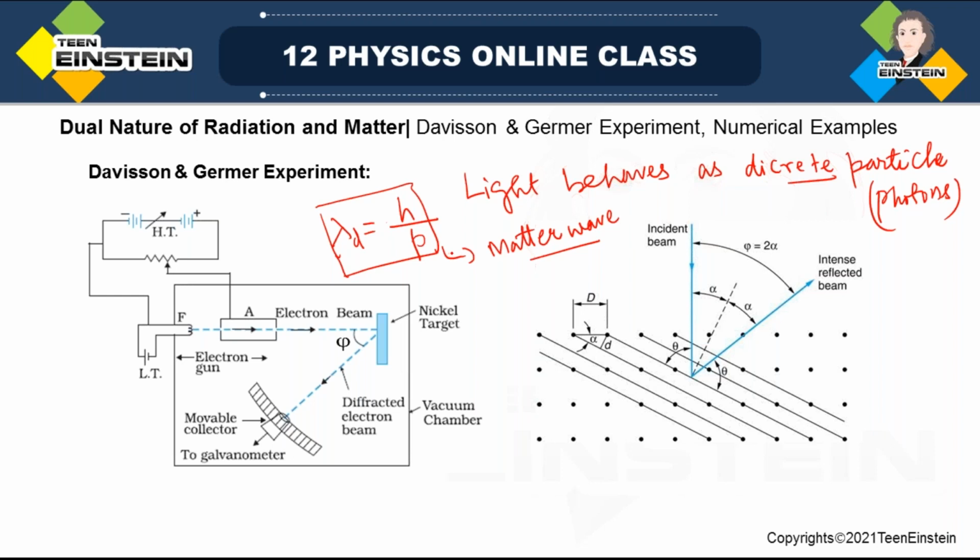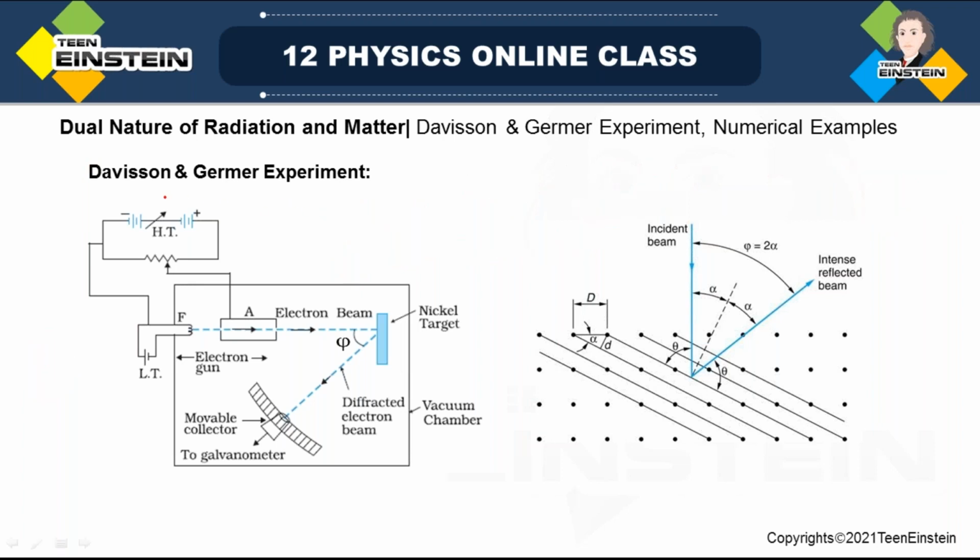It is not going to be established as theory. De Broglie's hypothesis was being tested by many scientists in many laboratories, but these people, Davison-Germer and another set of people, G.P. Thomson, actually proved that yes, a material particle in motion can behave as wave. So this is the thing we are going to prove today.